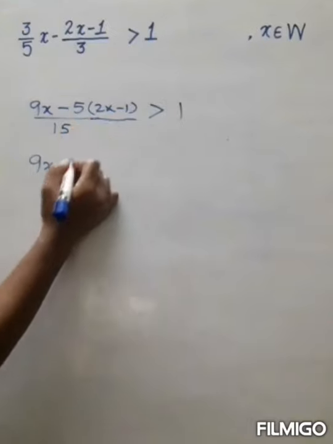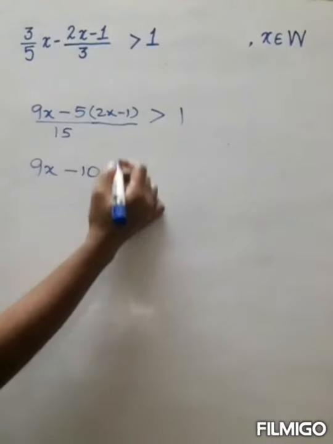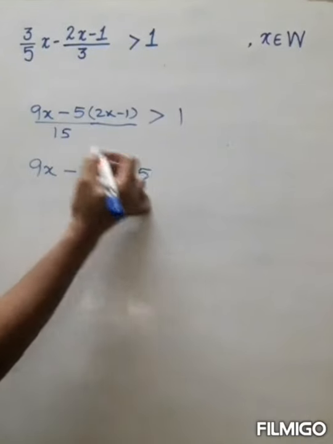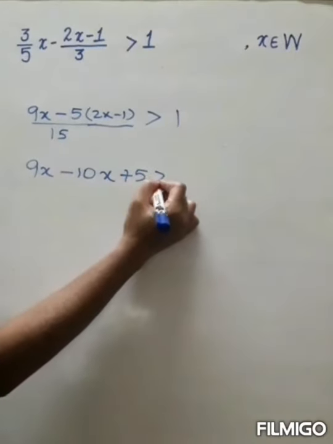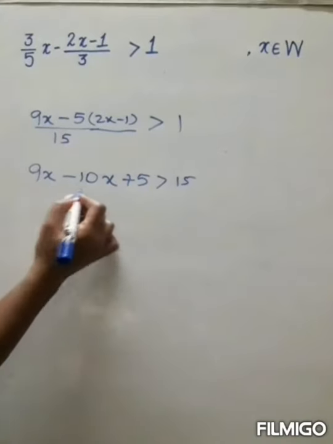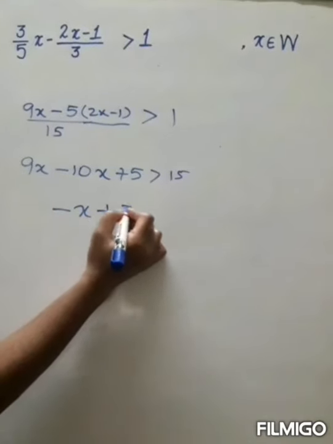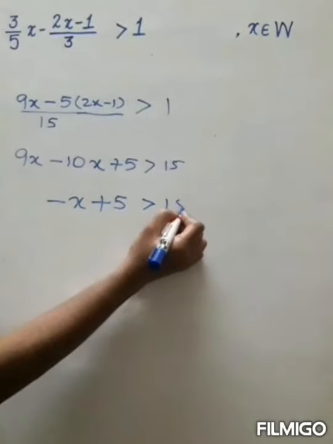So minus 5 into 2x will give you minus 10x and minus 5 into minus 1 will be plus 5. This 15 will be multiplied on the other side. So 15 times 1 is 15. Now 9x minus 10x will give you minus x and we have plus 5 here, greater than 15.